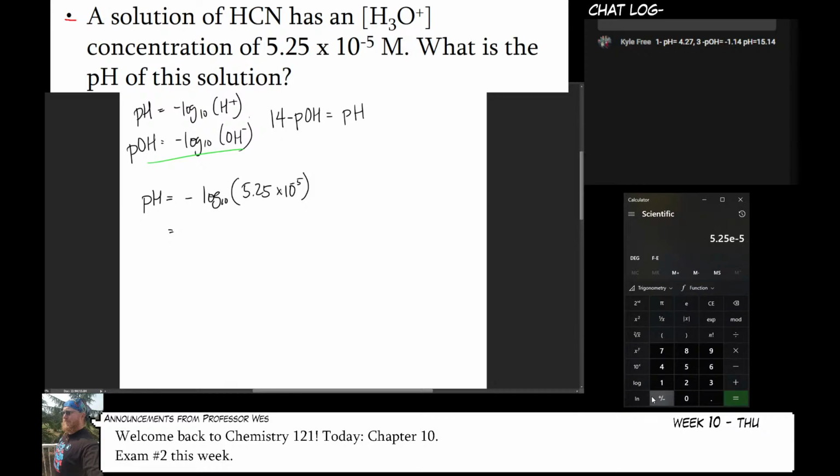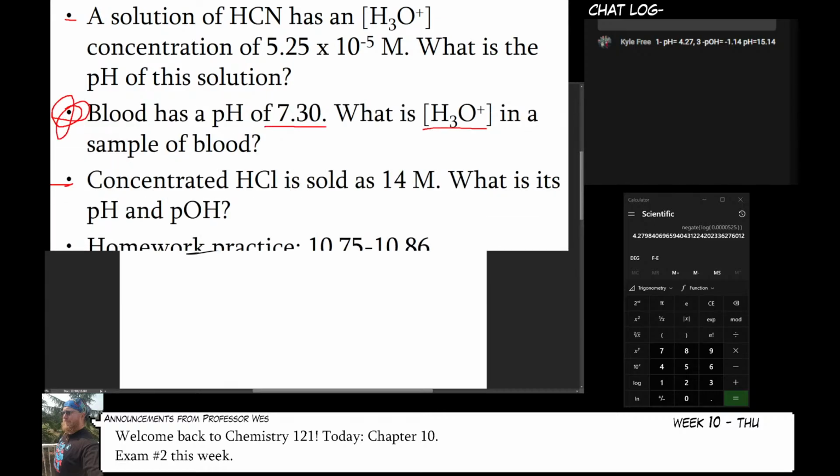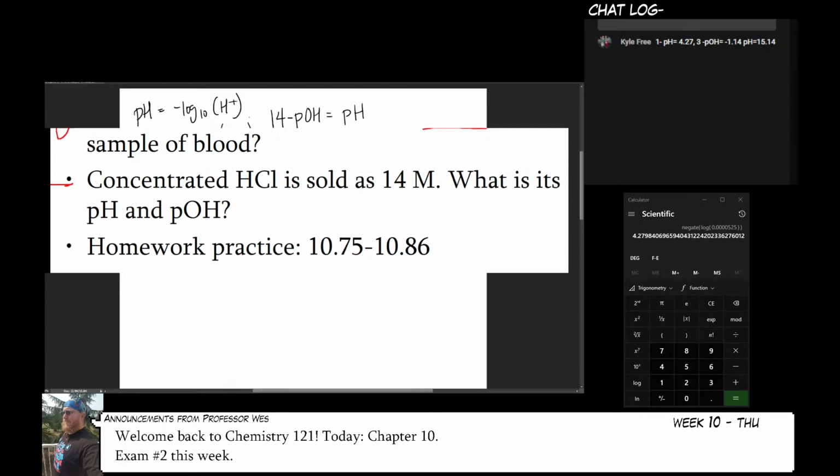So there's our concentration. We're going to log, and we're going to negate. So this would be a pH of 4.28. All right, we're going to come back to problem 3 in just a second.